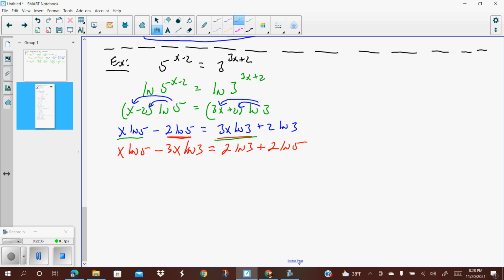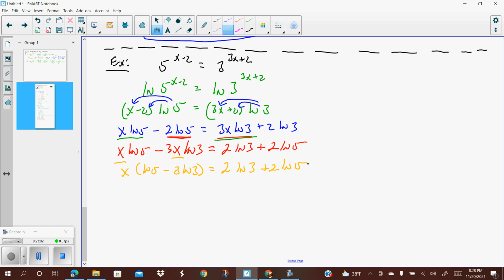What that now allows me to do on the left-hand side, because I have an x in common, is factor it out. We'll take the x out to the left. That leaves me with the natural log of 5 minus 3 natural log of 3 equals 2 natural log of 3 plus 2 natural log of 5.